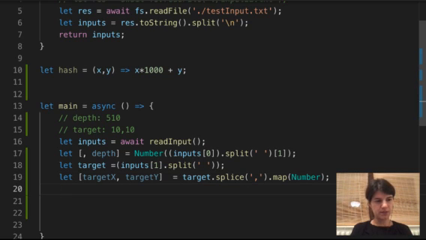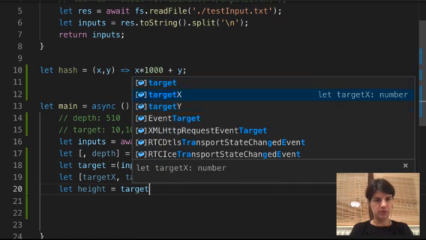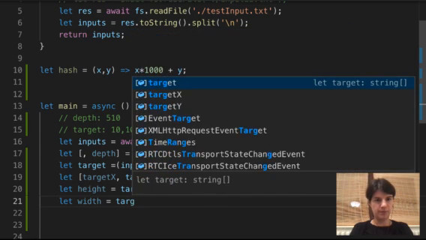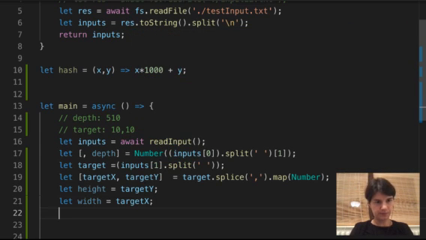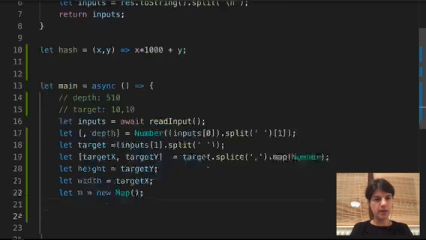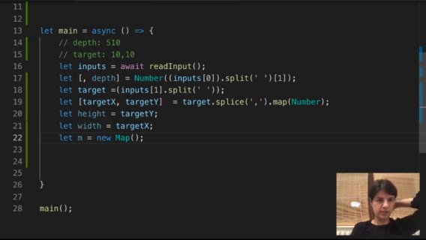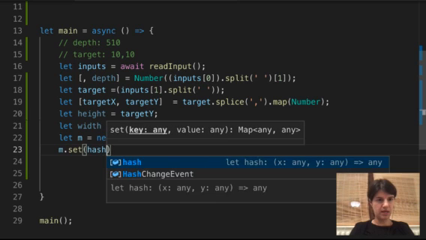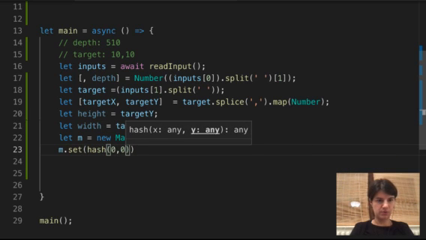I guess the map doesn't need to be 2-dimensional, so I can do let the height is equal to target y, let width is equal to target x, let m is equal to a new map, and now for every entry in the map, so I can do m.set hash of 0, 0.